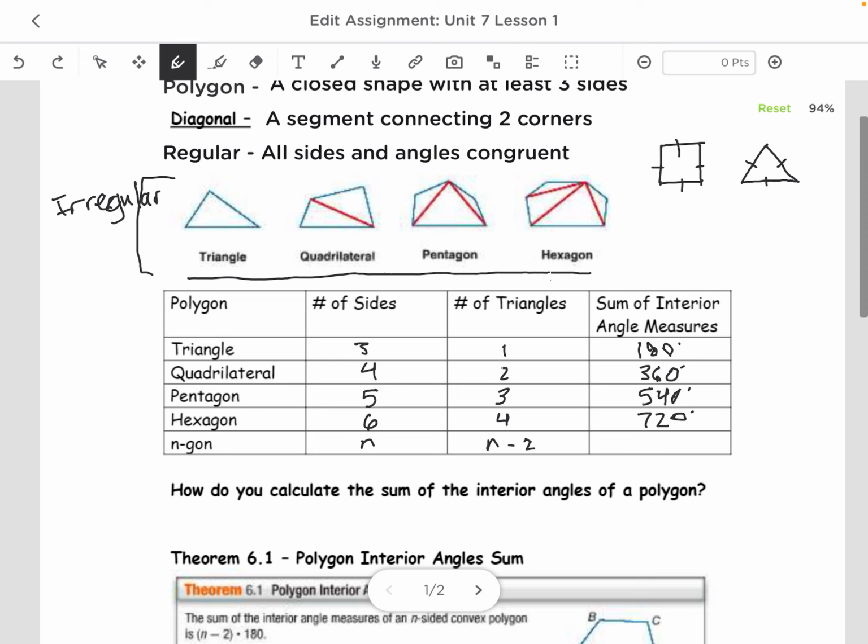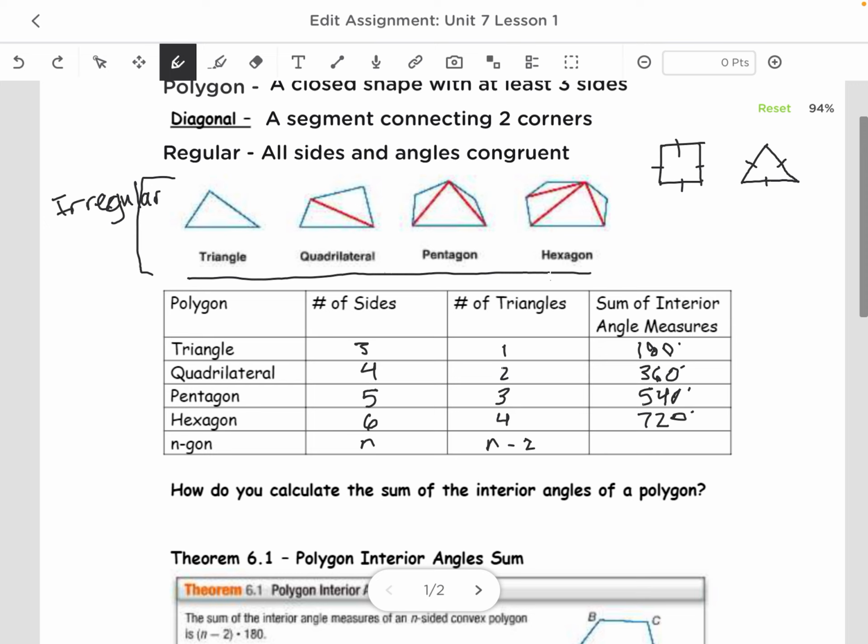It's not a specific number, but if you notice, each of these is going up by 180 each time. So as we increase the number of triangles, we're going up by 180. So if there's 4 triangles, that's 4 times 180, which is 720.